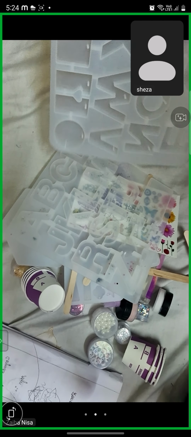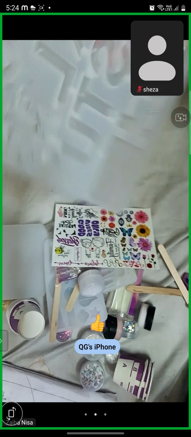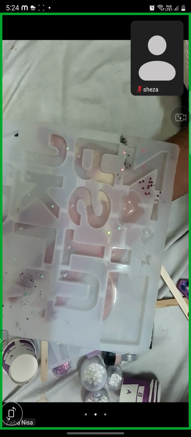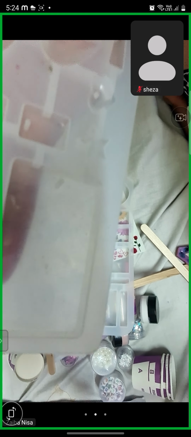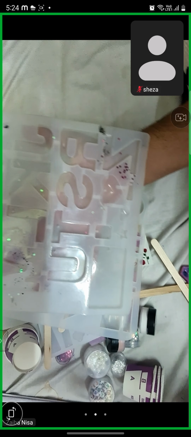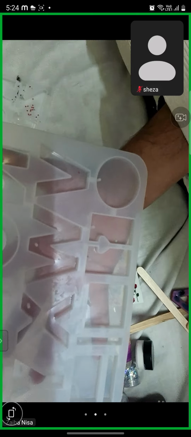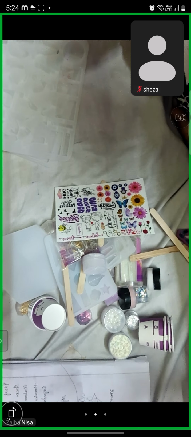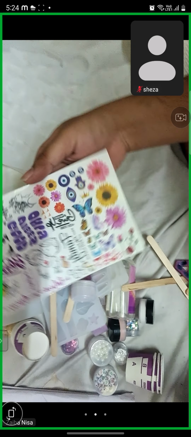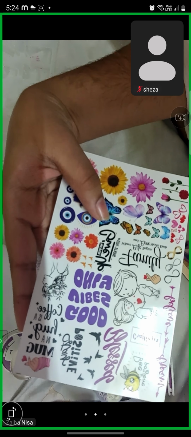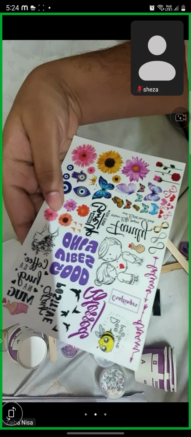Students, is it visible for you all? Yes, sister. Okay, these are the letter molds, alphabets. You can even find the shapes over here at the end. See, these are some stickers: an evil eye, flowers, roses, never give up, stay strong, good vibes.